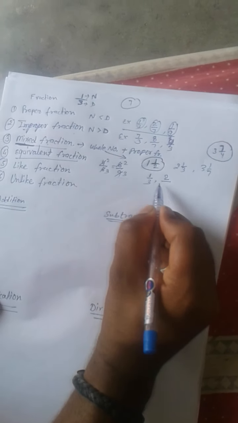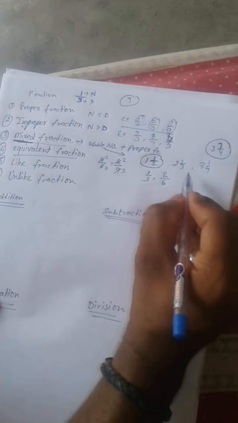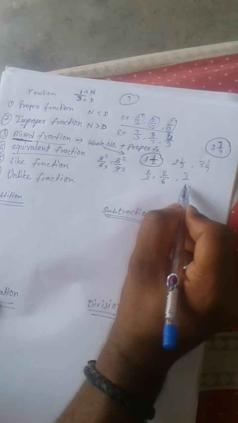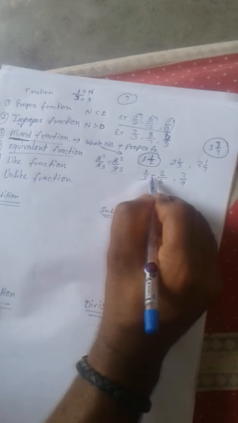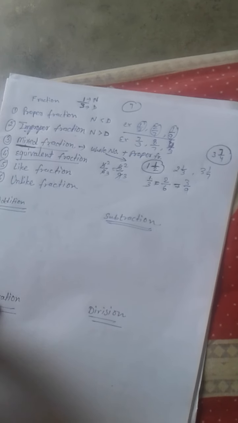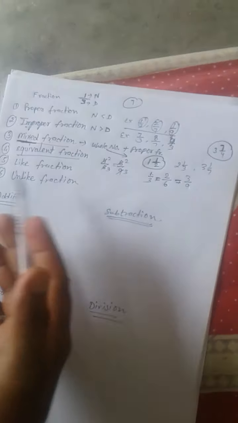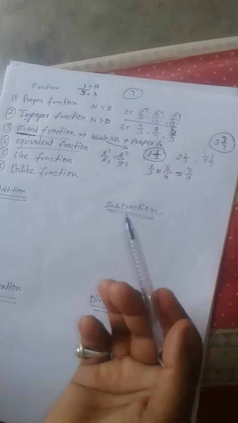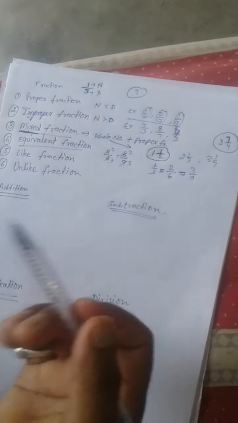Similarly, multiply 3 by 2, you get 6. 1 multiplied by 3, 3 multiplied by 3, it will be 9. These all are equivalent fractions and their values are equal. So you learned what equivalent fractions are and how to find the equivalent fraction of a given fraction.